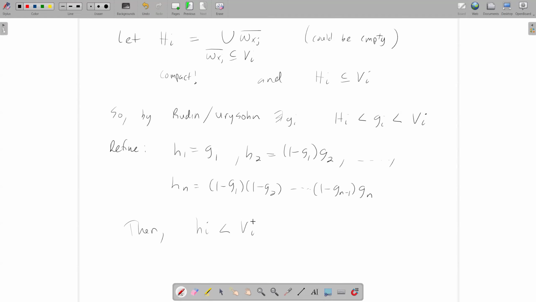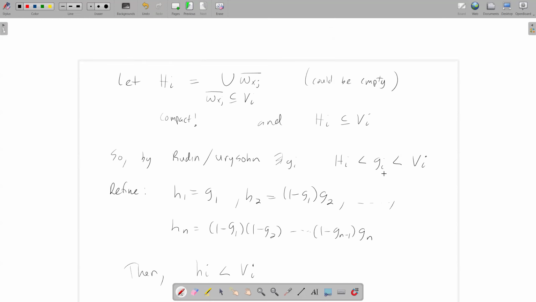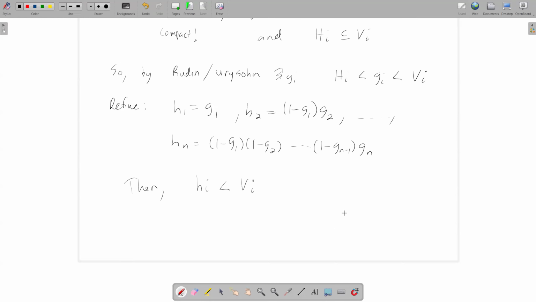So that means the support of hi is contained in Vi. If hi is not equal to zero, then, I mean, the first one's obviously true: h1 is contained in V1 because h1 is equal to g1, and we already know this.